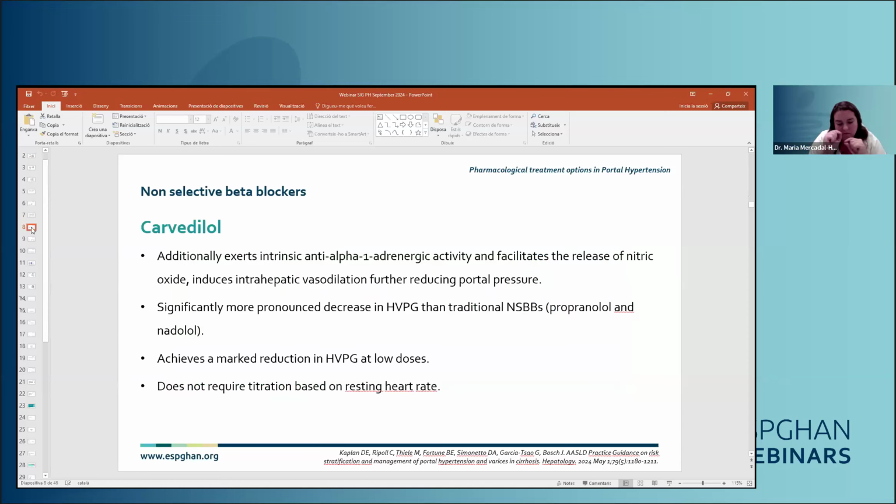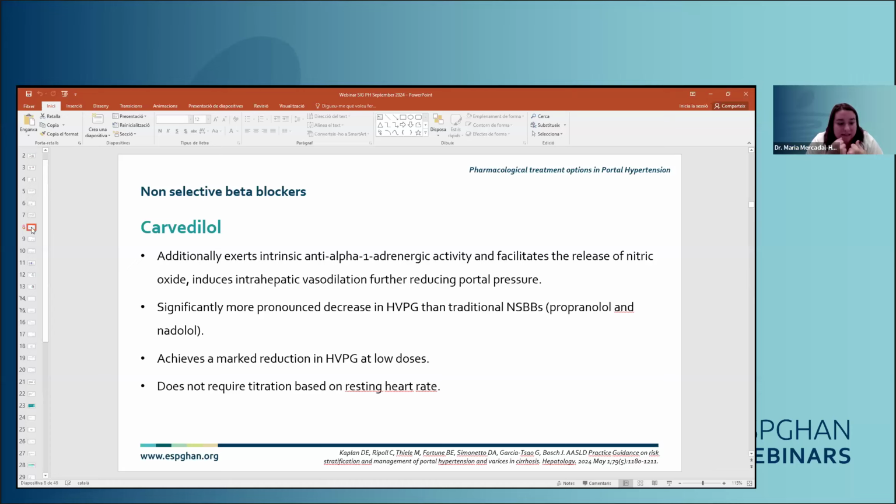So we evolved a bit and started looking into carvedilol. Carvedilol additionally exerts intrinsic anti-alpha-1 adrenergic activity and facilitates the release of nitric oxide, induces intrahepatic vasodilation, and further reduces portal pressure. So basically what we're saying, its decrease in HVPG is more pronounced than in propranolol and nadolol.